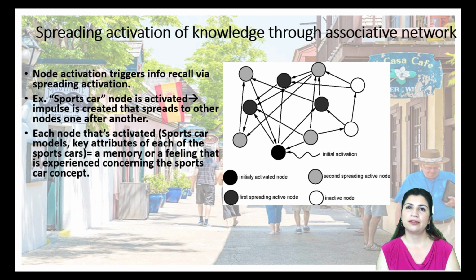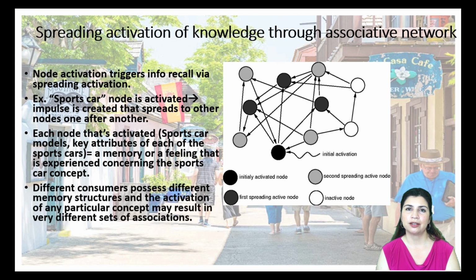For instance, activating the concept of sports car may immediately activate several models of sports car that come to mind, and then several key attributes of each of those sports cars. Of course, different consumers possess different memory structures, and the activation of any particular concept or node may result in very different sets of associations.